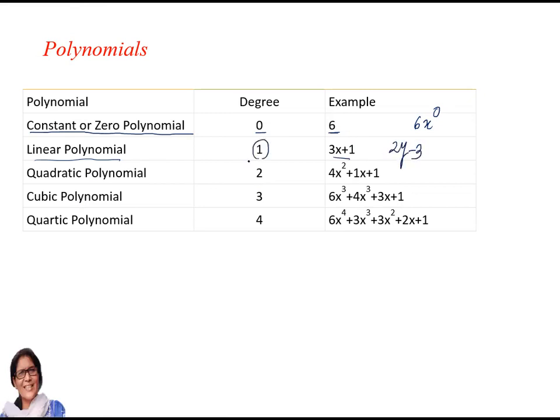It has degree 1. Quadratic polynomial, degree 2: 4x square plus x plus 1. Cubic polynomial, degree 3: x cube, highest power is 3. Then quartic polynomial, degree 4: x to the 4, x cube, x.